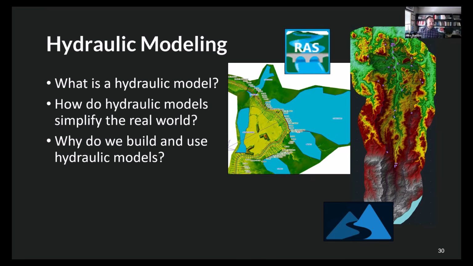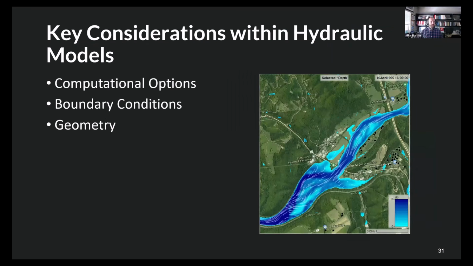HEC-RAS is undergoing a transformation right now and a massive amount of modernization effort is being put into it, going from the old-timey cross-section storage area approaches shown on the left-hand side over here to everything being fully two-dimensional, spatially aware of where it is in the world. We're still trying to answer those complicated questions, though, like how deep is the water going to get? How fast is it going to be flowing here? But we do it in a slightly different way using the new meshing approaches in RAS 2025.